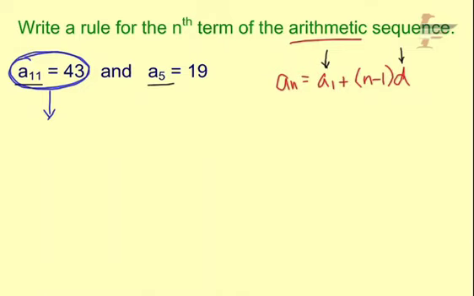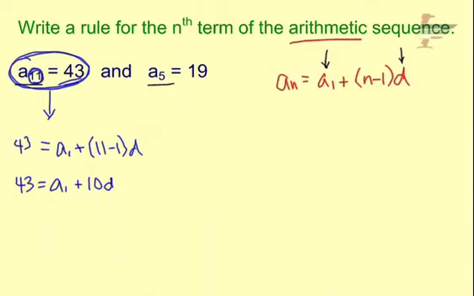So we just need to plug this information into the formula. Remember, the small 11 is the n value. So a sub 1 plus, we know this is going to be 11 minus 1 times d, and what does it equal? That 43. So 43 equals a sub 1 plus 10d. There's our first one.